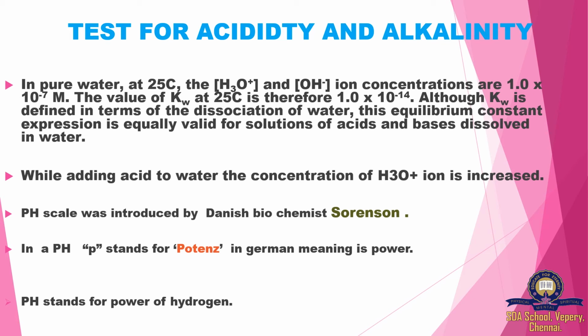It was introduced by the Danish biochemist Sørensen. In pH, P stands for potenz, which in German means power, so pH stands for power of hydrogen. All acids and bases contain hydrogen, so we can find out the power of the hydrogen, and then we can determine the acidity and basicity concentration.